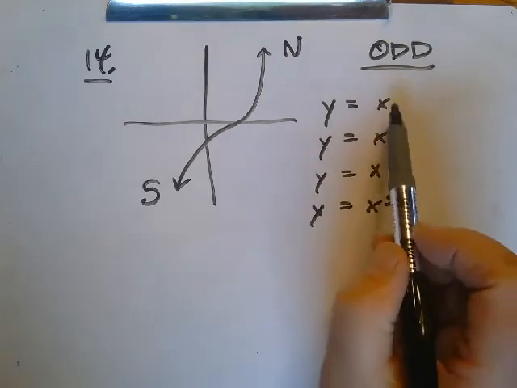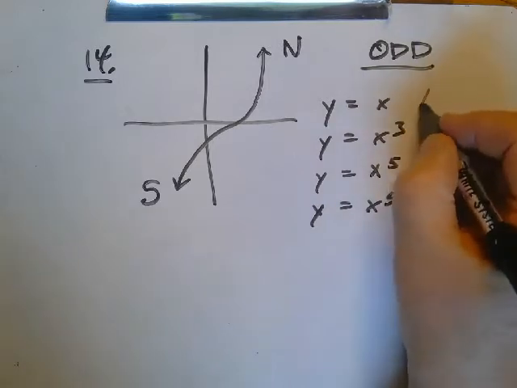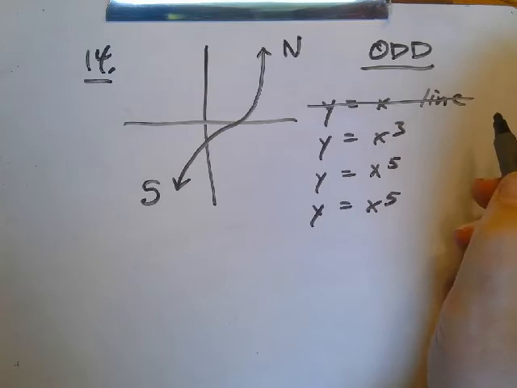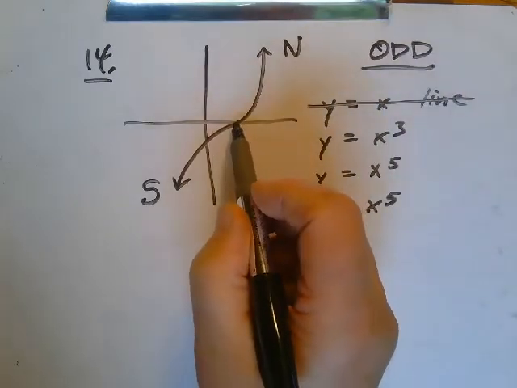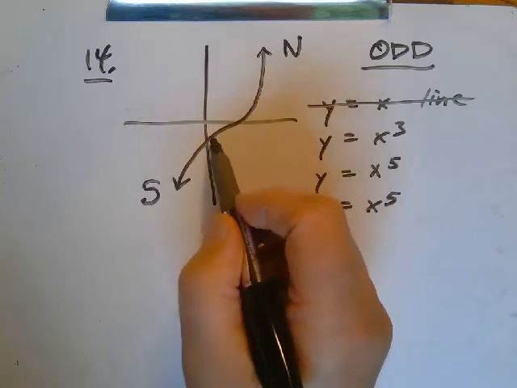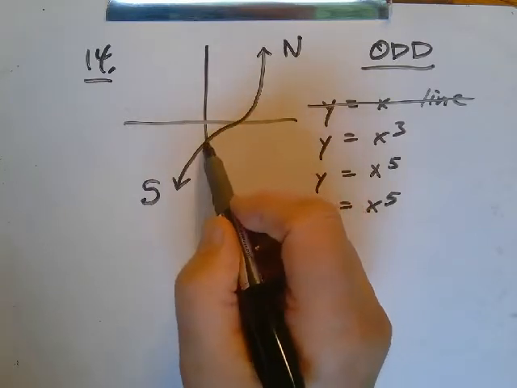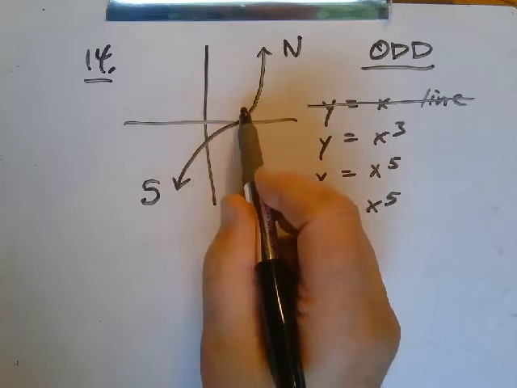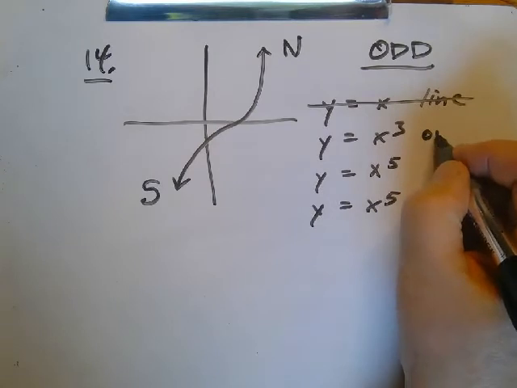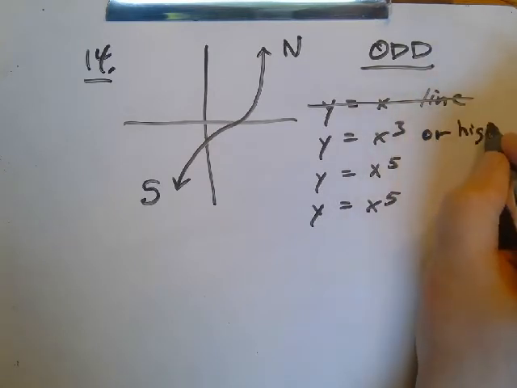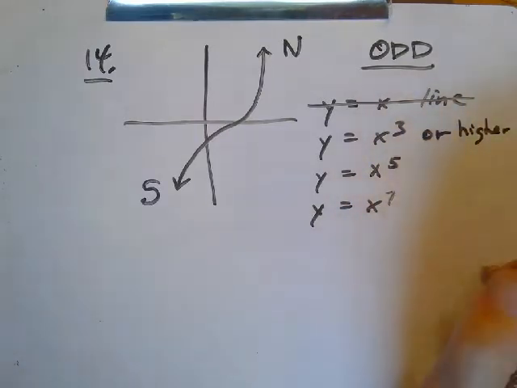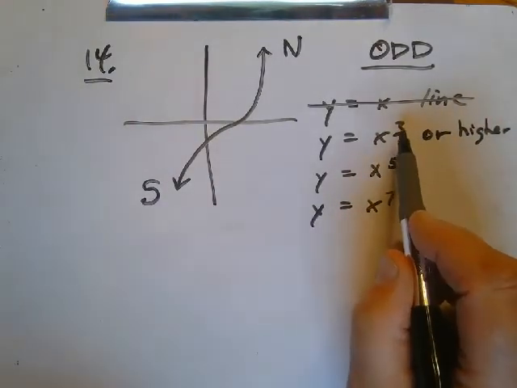Well, I know it's not x to the 1st because x to the 1st is a line. So it can't be x to the 1st. And it looks like it's only got maybe 2 bends in here, 1, 2. And so it's very possible that it's x to the 3rd, but it could be higher. So I'm going to say it could be x to the 3rd or higher. It may not be, but it's at least x to the 3rd.